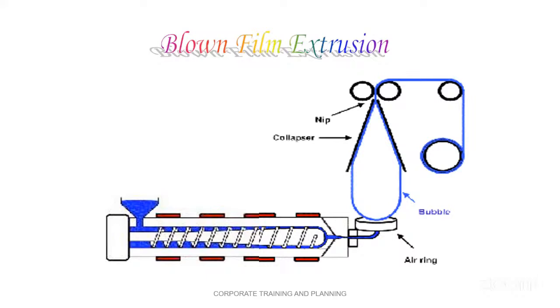See, generally what happens, a film has thickness less than 0.25 mm, and above 0.25 mm thickness is called a sheet, right? Now here we are manufacturing the blown film.